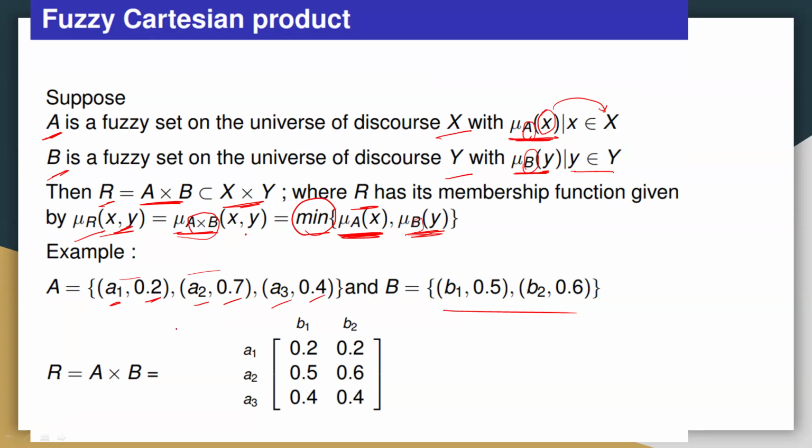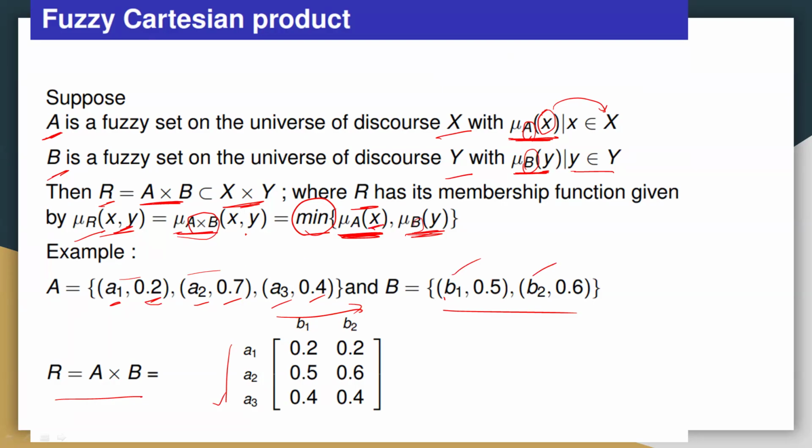Now, in order to find the relation, that is the Cartesian product, you can see here, we write it in the relation matrix format, with A1, A2, A3 and B1, B2. These are the elements, right? So you have to find the minimum of each pair.